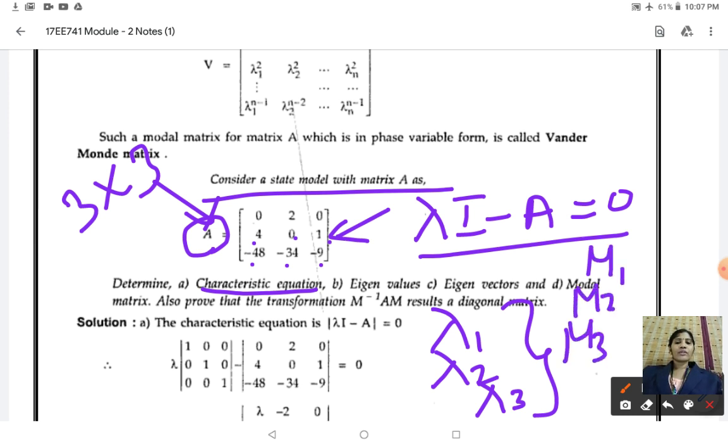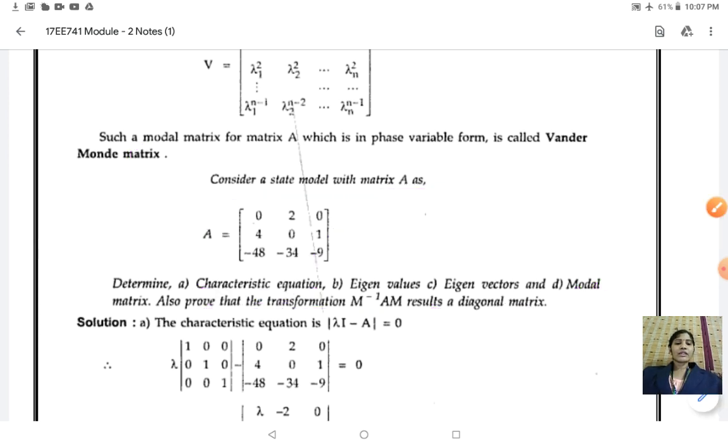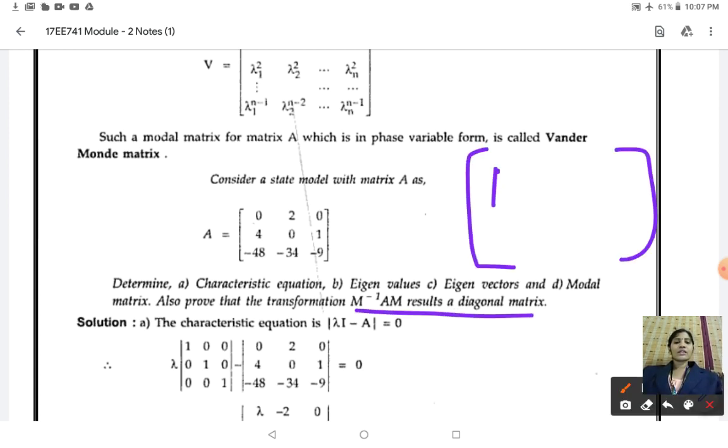The order of the matrix A will be equal to the order of your modal matrix M. And you have to prove that the transformation M inverse AM is a diagonal matrix. How we can prove it: whatever you obtain for M inverse AM, your eigenvalues will come at the diagonal part.